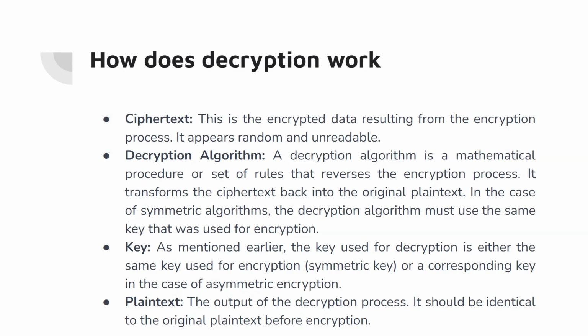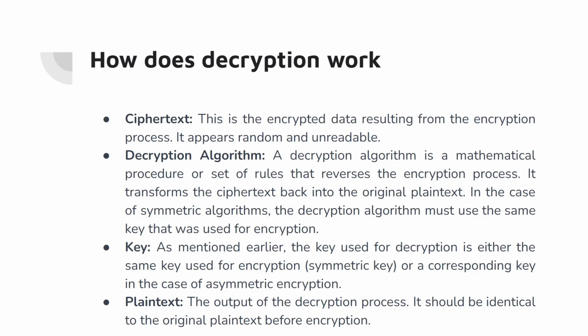There are symmetric algorithms such as DES and AES, as well as asymmetric algorithms such as RSA. For symmetric algorithms, the key remains the same as in encryption, and usually there is some difference in how the algorithm is executed.